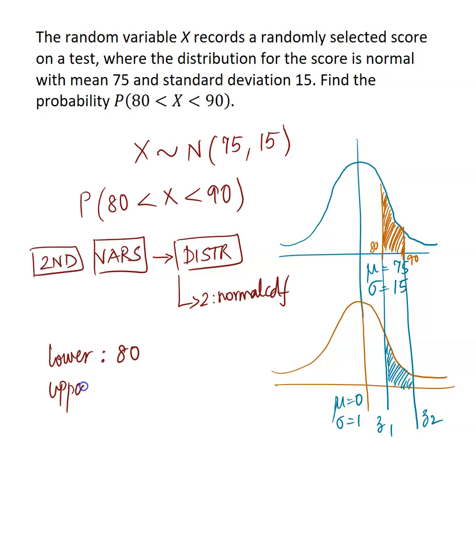And upper will be 90. Clear your mean. Mu is 75, and sigma is 15. Hit paste.